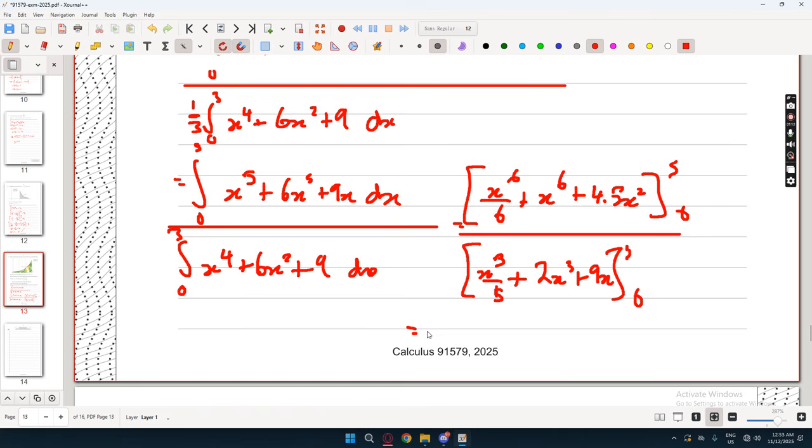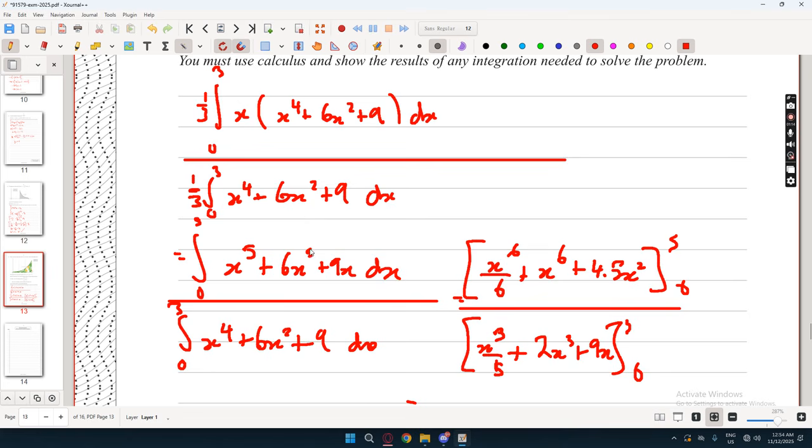And that is, ladies and gentlemen, I'm just going to ask the graphics calculator what this is. I'm going to go from 0 to 3 of x to the 5 plus 6x to the, that should be squared, right? Plus 3. Oh, bollocks. 6x cubed, 6x to the 4 divided by 4, 3 halves x to the 4.